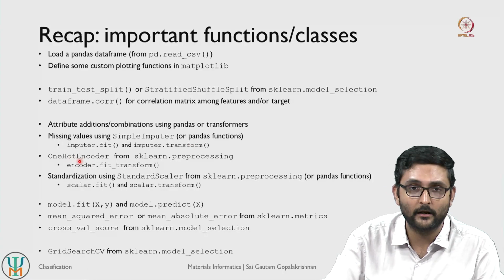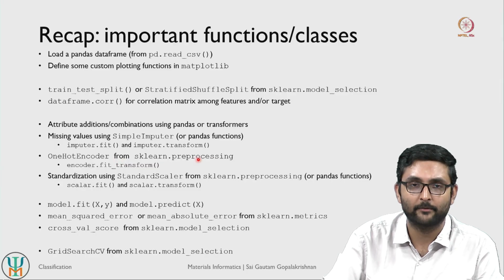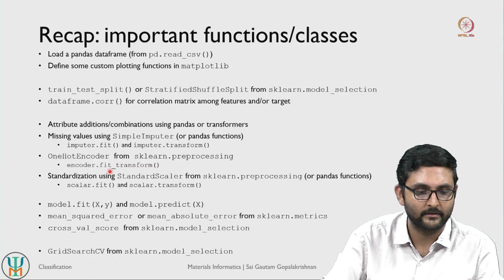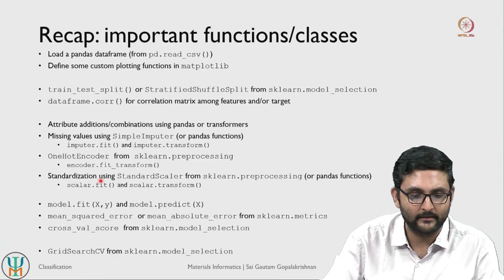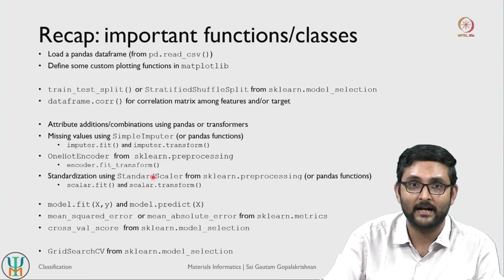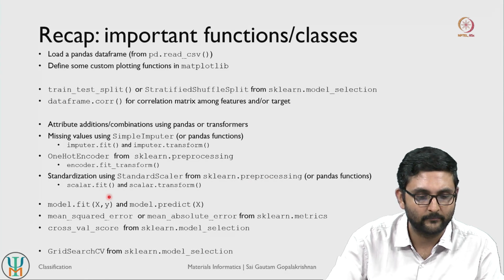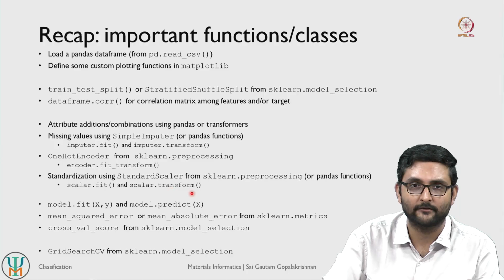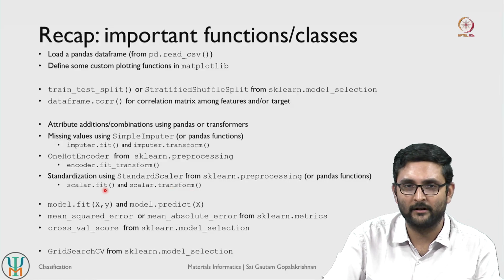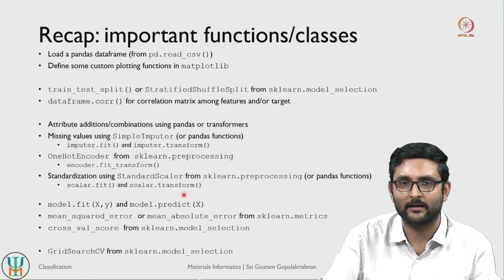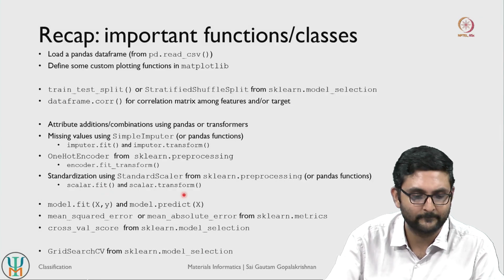We also used the OneHotEncoder class from the scikit-learn preprocessing package, which has a fit_transform function. And the standardization we performed using the StandardScaler class, which is also under scikit-learn preprocessing, right, and this also has a fit and a transform. For standardization you need the mean and the standard deviation. The fit gives you the mean and standard deviation, and the transform actually rescales your data.